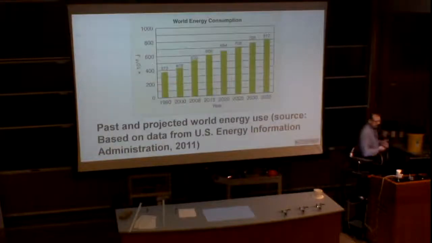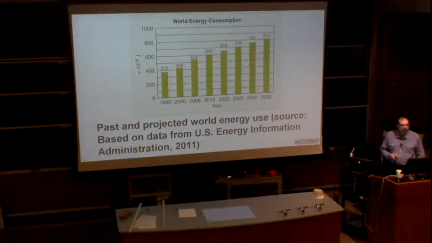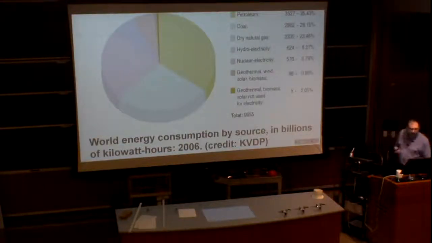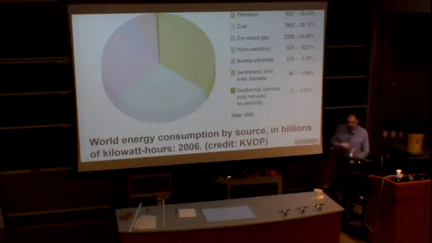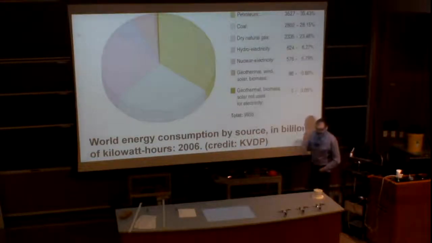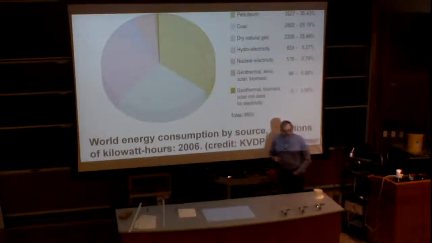Now, it's very important to know that every year we humans consume more and more energy, and that's not going to change any time soon. And that energy, for decades, and probably for the foreseeable future, mostly comes from non-renewable sources.